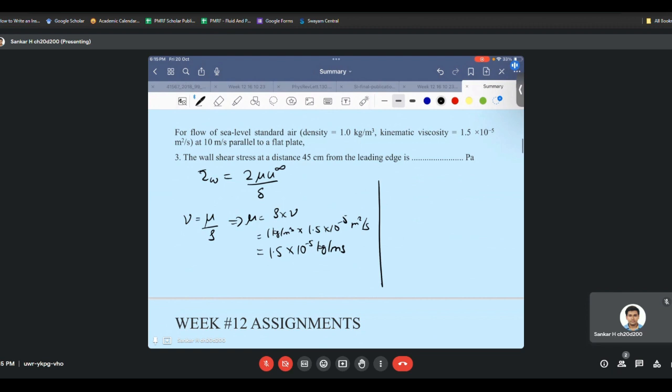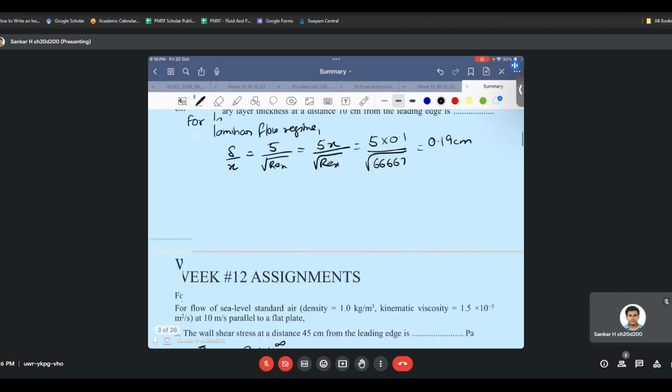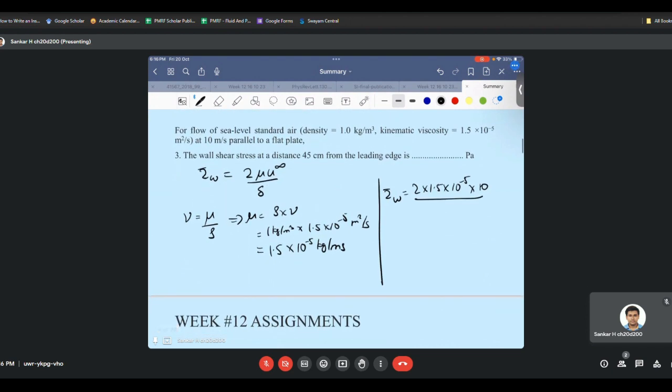All right, so finding the value of the shear stress, we'll get 1.5 into 10 raised to minus 5 times u infinity, which is 10 meters per second, divided by delta, which we just found out to be 0.19 centimeters, which is 0.0019 meters here.